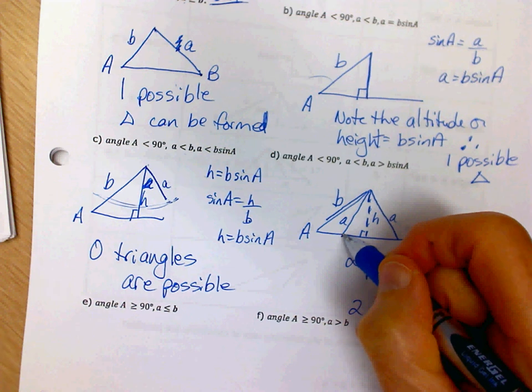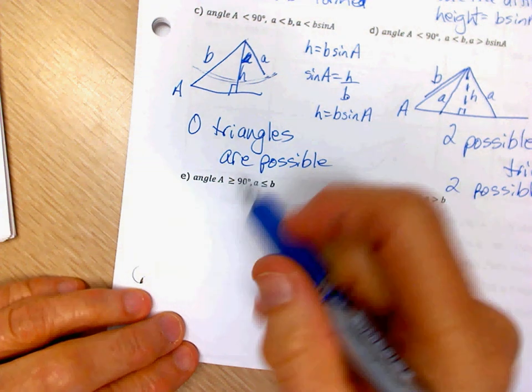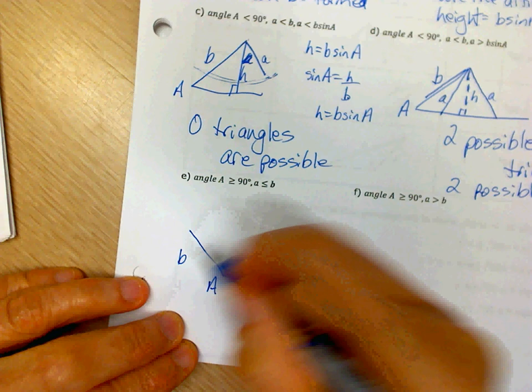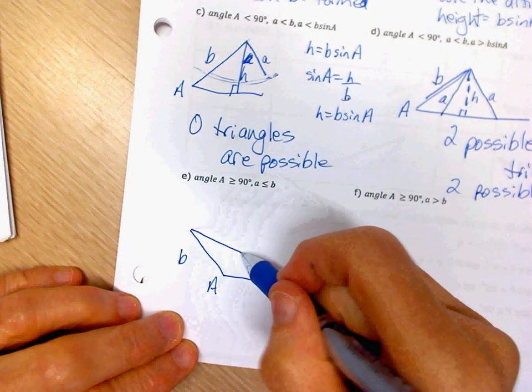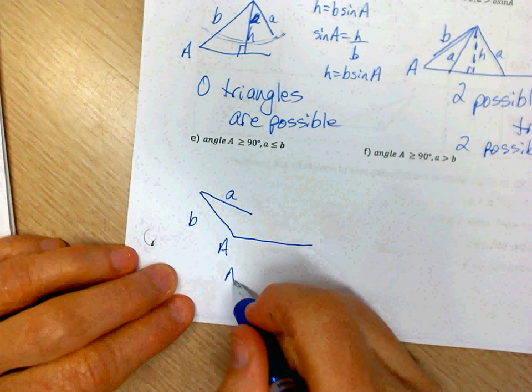Okay, now we're dealing with when angle A is greater than 90. So it looks like this. And here's B. A is less than B. If A is less than B, then we run into this situation. There is no possible triangle.